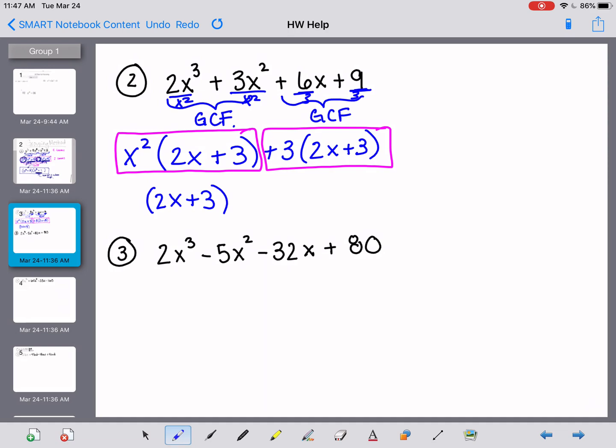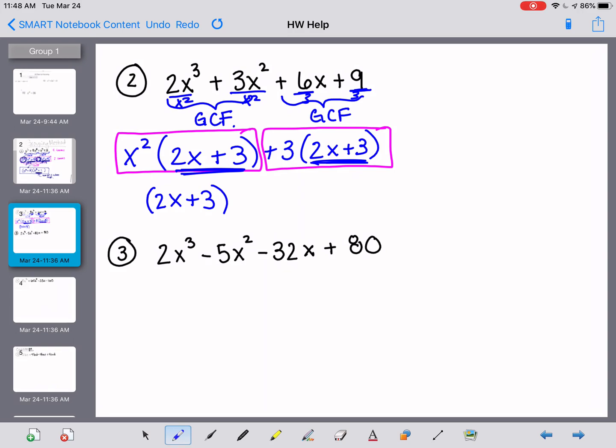If those two bubbles are not identical, let's say one of them is 2x plus 3 and the other one is 2x minus 3, or maybe the first one is 2x plus 3 and the second one is 6x plus 7, something totally different, if they're not identical, you can't do grouping method. If the two bubbles in each of these boxes are not identical, you cannot do grouping method.